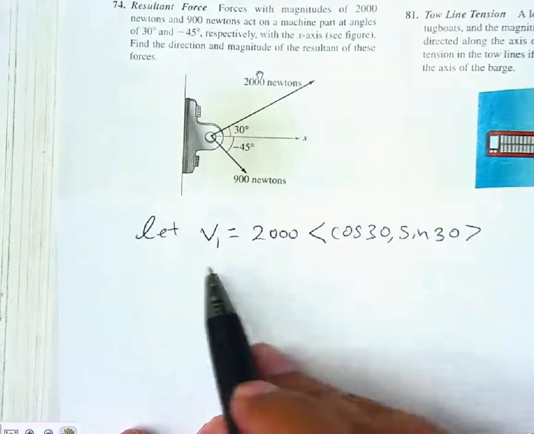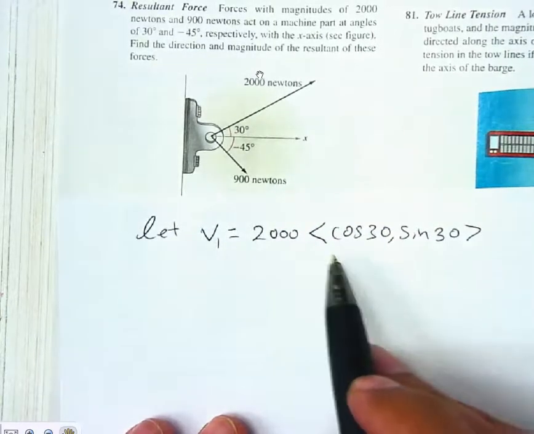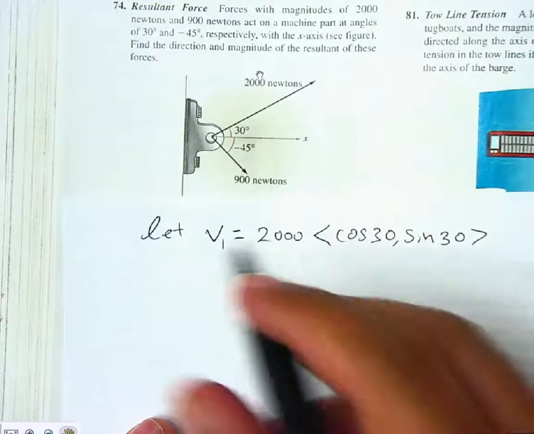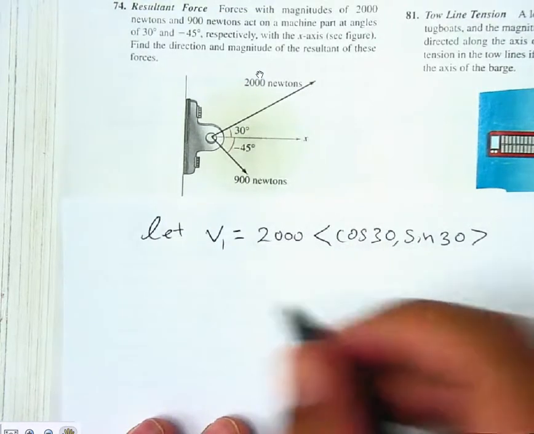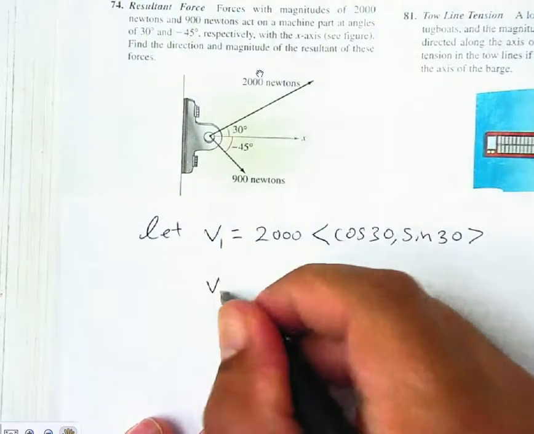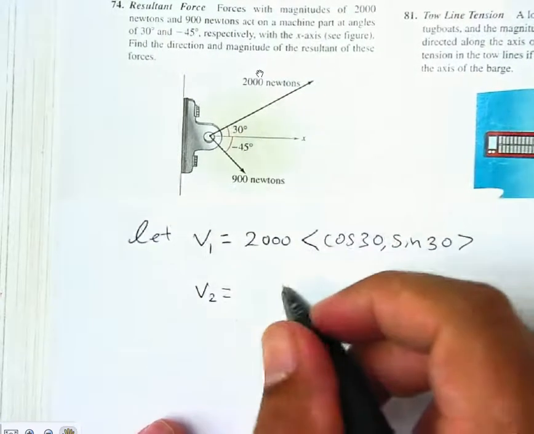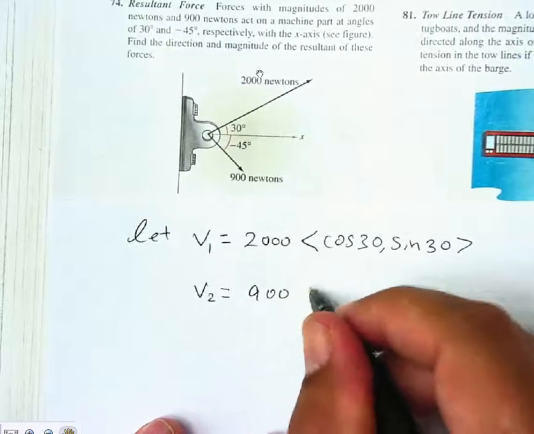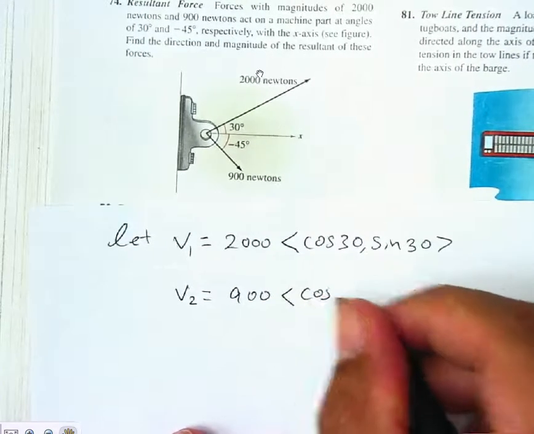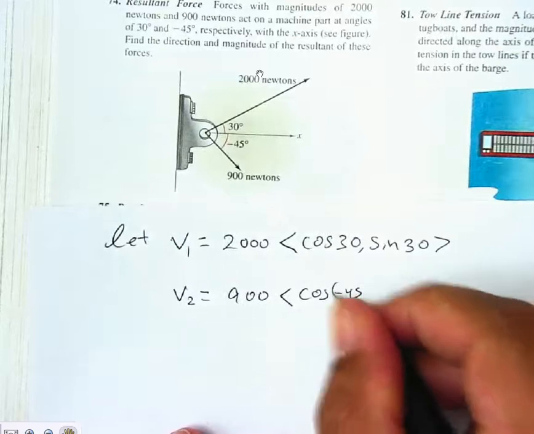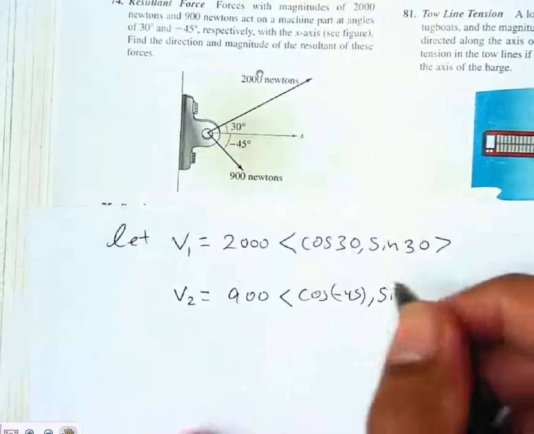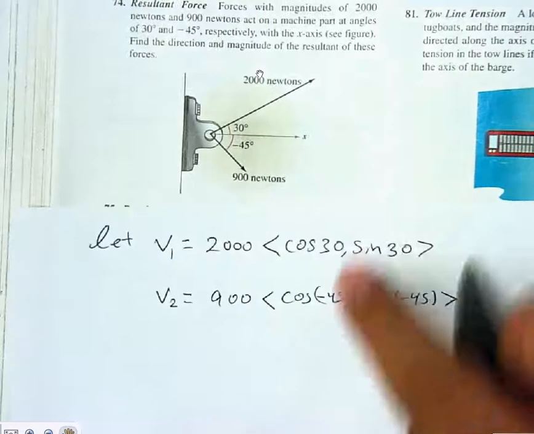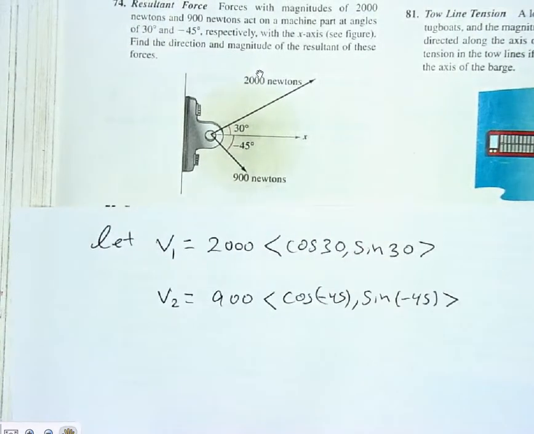And that will be the vector form of the force on top. And let's let V2 be equal to the bottom force, so that will be 900 newtons times cosine of negative 45, sine of negative 45.